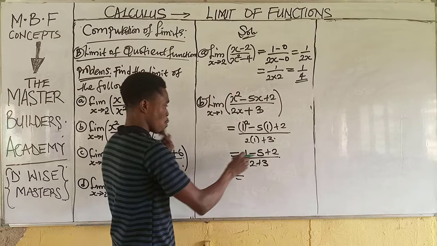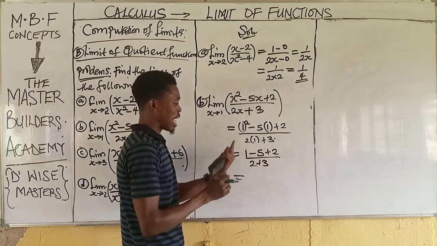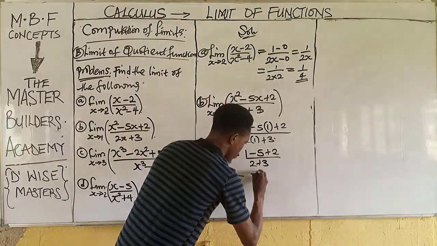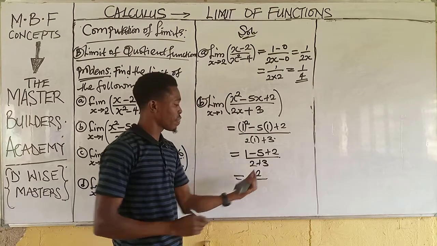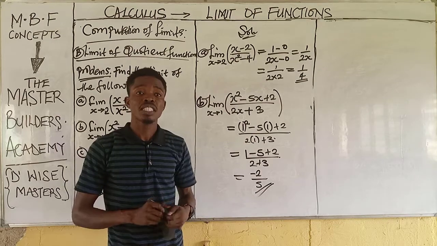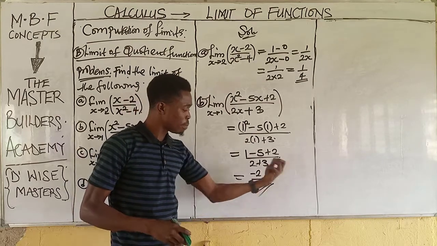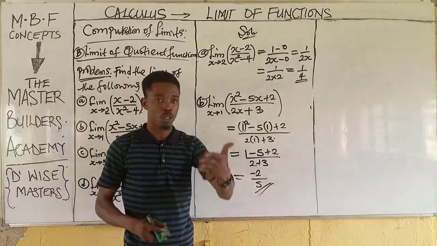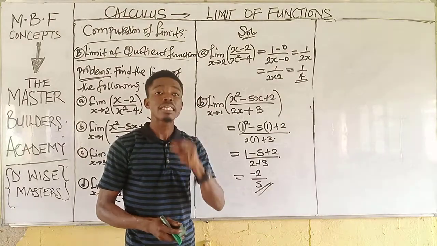At the numerator we have 1 plus 2 is 3 and 3 minus 5 gives us minus 2. And when we add 2 to 3, we have 5. This is the answer to this question, which can equally be negative 0.4 if your answer is in decimals.